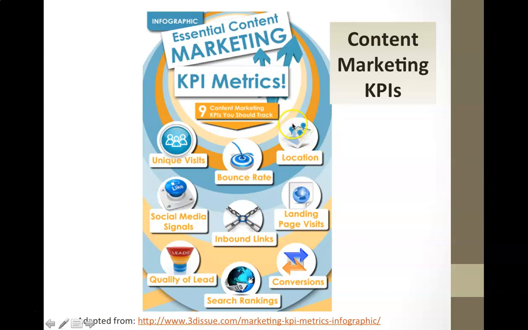So again, if we set up an e-commerce website and we're targeting a specific country, or we're getting a lot of business from a specific country, this would be a key performance indicator. Social media signals obviously include like buttons and engagements and different emojis that you have now available in social media. So there's just some, and you can click on that and it will take you to the infographic explaining them as well. Okay.